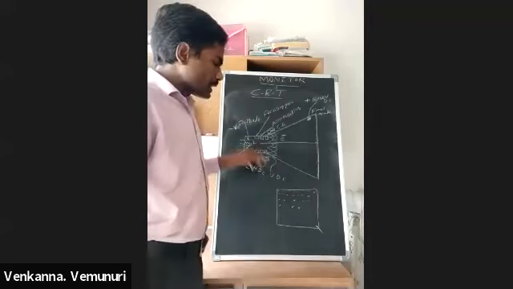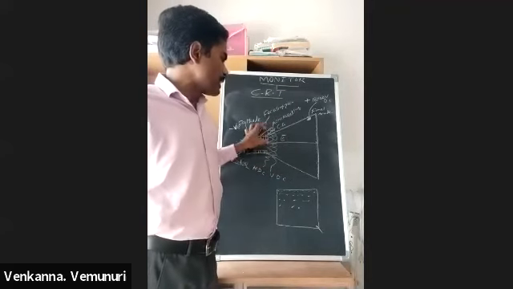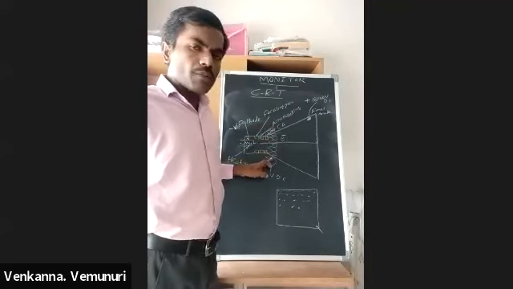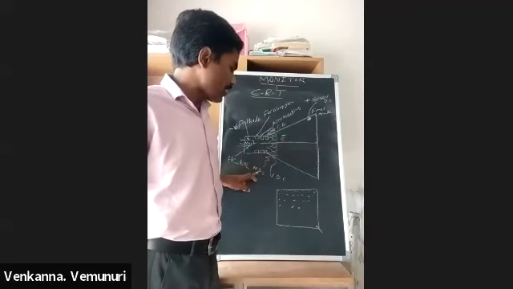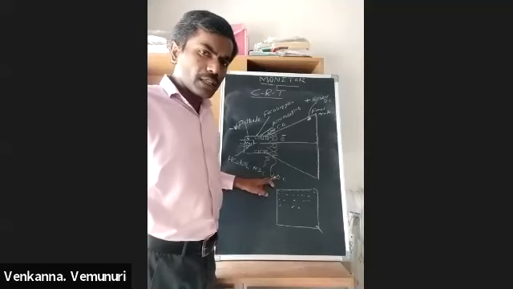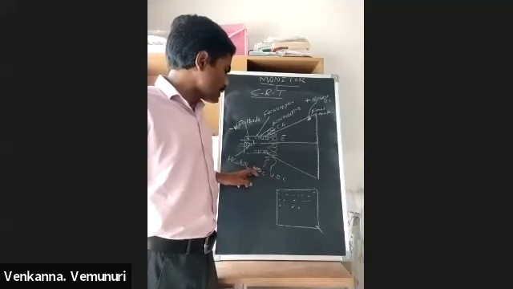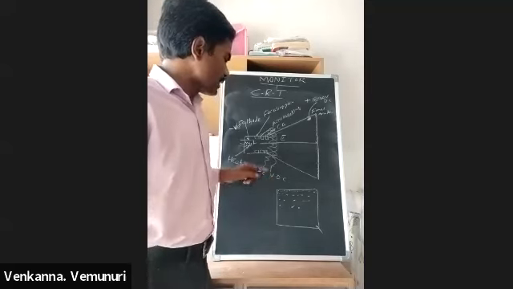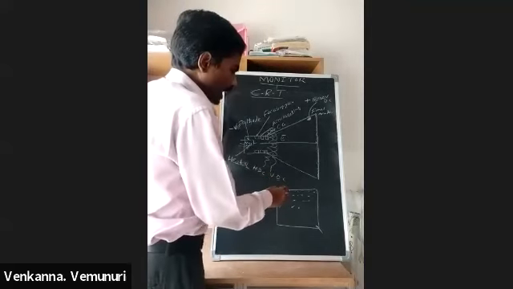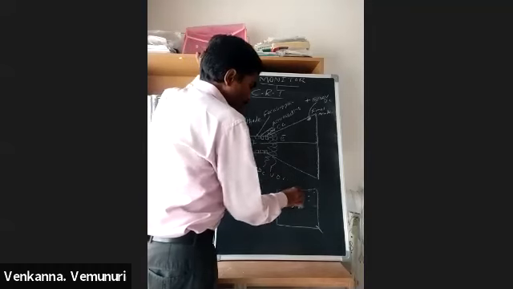So for deflecting the electron beam, I am using one yoke. This yoke internally has a horizontal deflection coil and a vertical deflection coil. If I apply voltage to this HDC and VDC, depending on that voltage, the beam deflects and creates dots in this way.